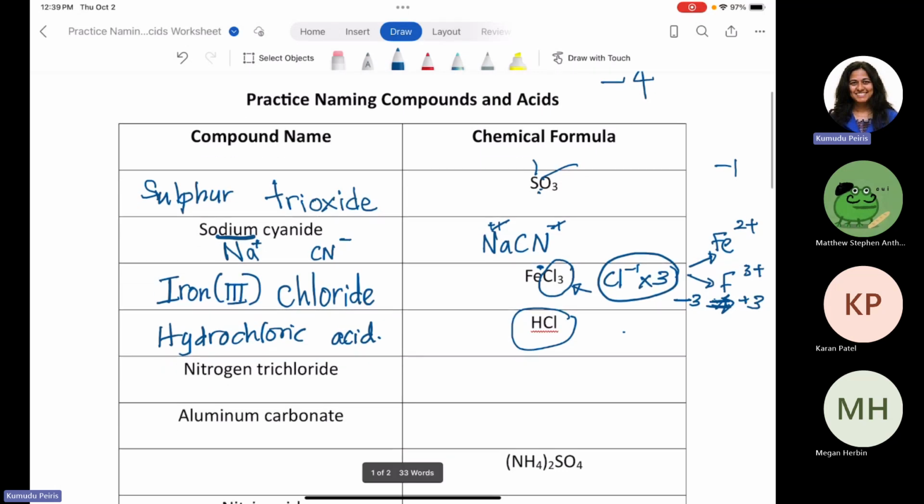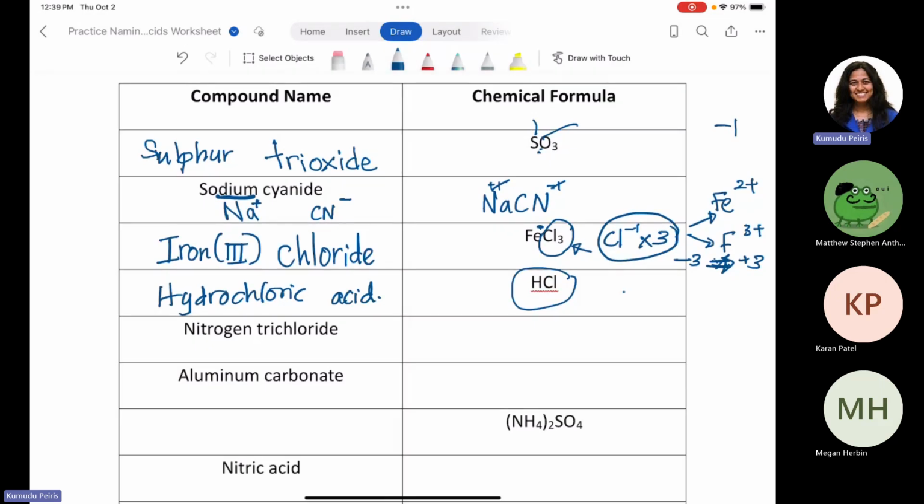Next one, nitrogen trichloride. The name itself tells you what to use: one nitrogen and three chlorines. So the formula should be NCl3, with the 3 subscripted.